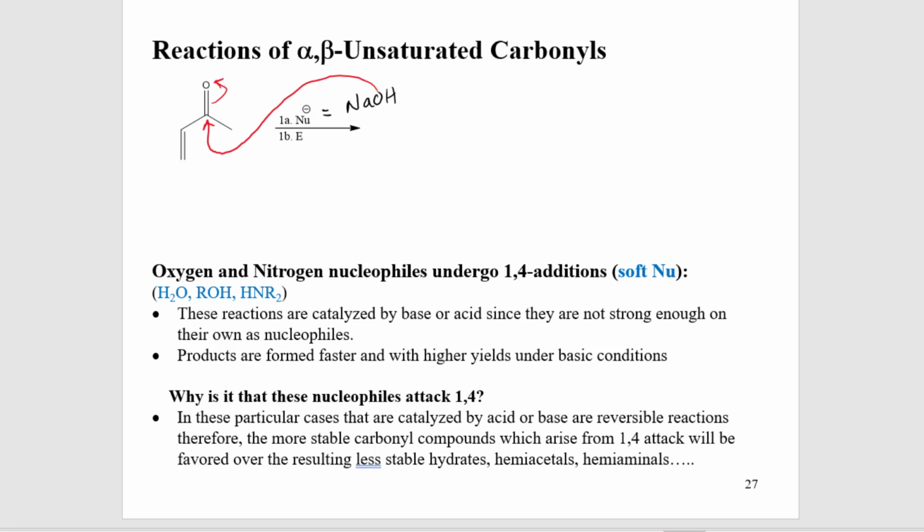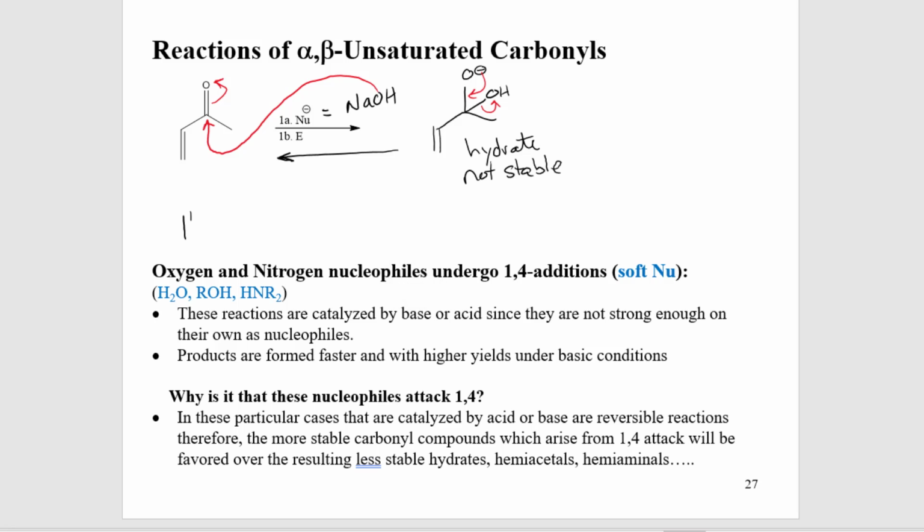Understand that if I did a 1,2 addition, this is a hydrate, and hydrates are not stable. So when this collapses, it's just going to give me back my starting material. So we're not saying that the NaOH doesn't attack 1,2. It probably does, but it doesn't lead to anything very productive.